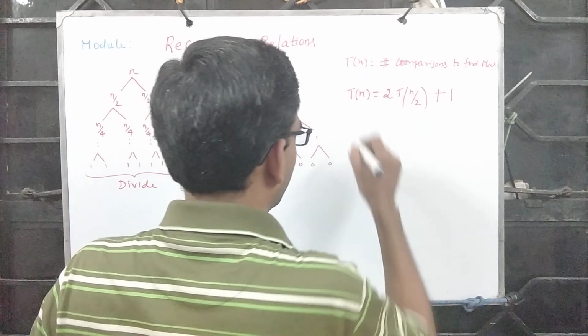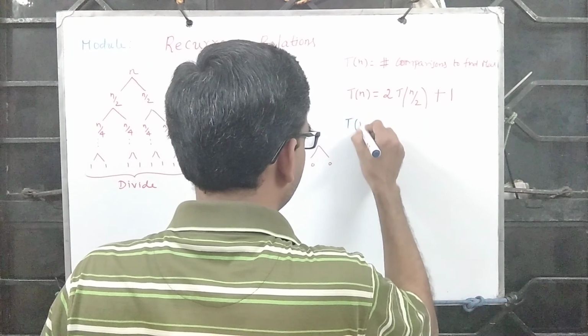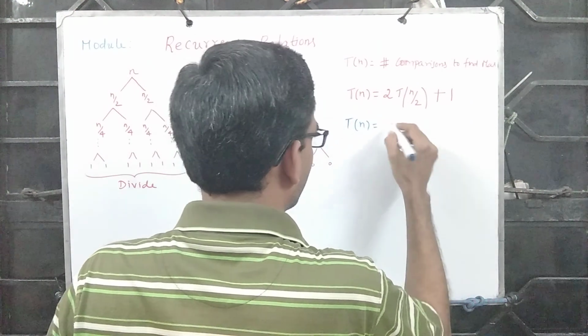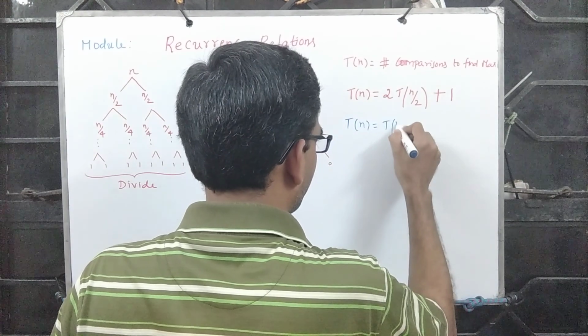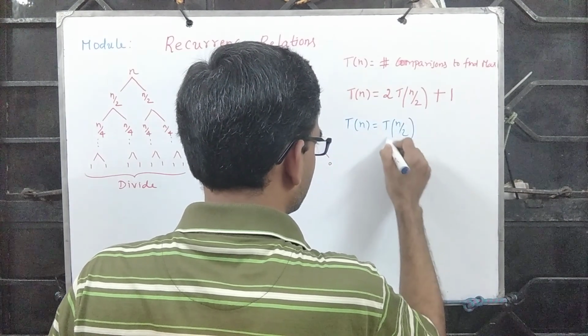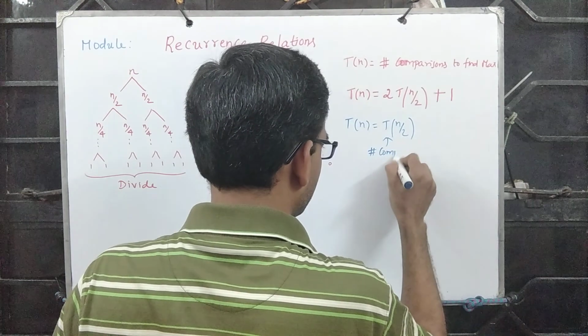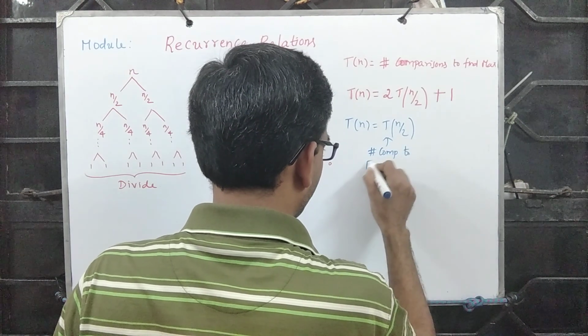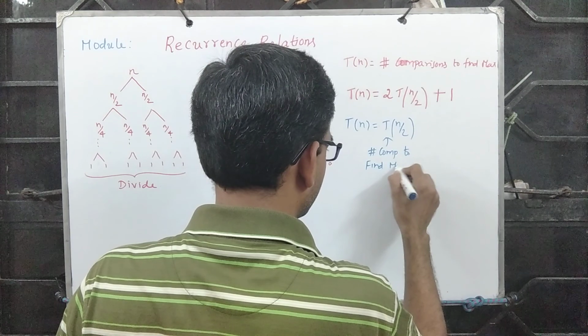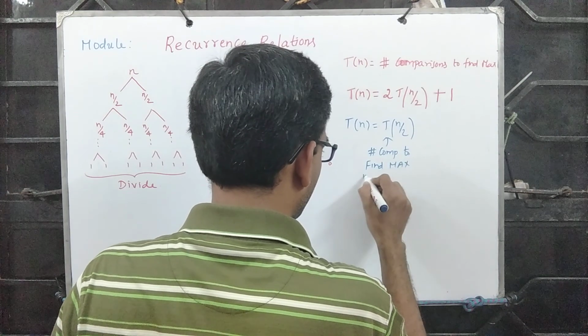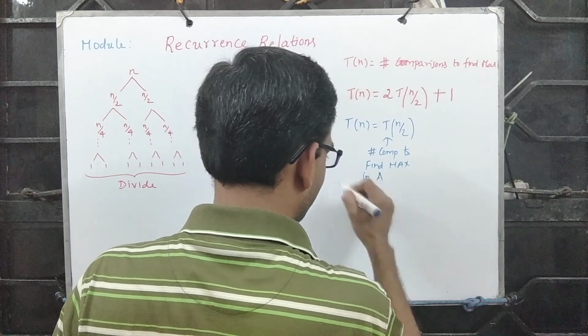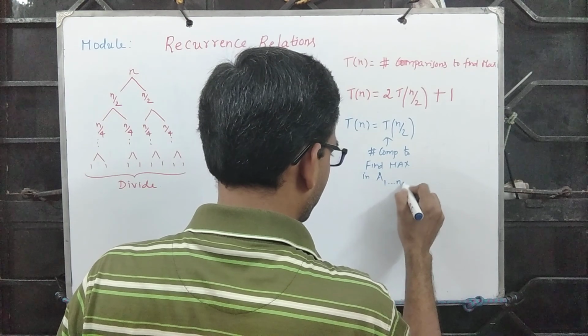So to compute T of n, we take T of n by 2. What is this? The number of comparisons to find the max in the first half of the array, which is 1 to n by 2.